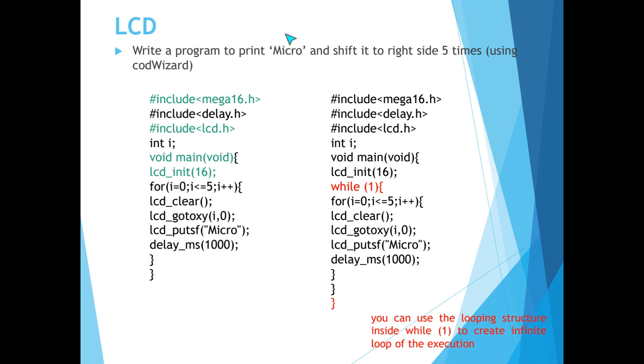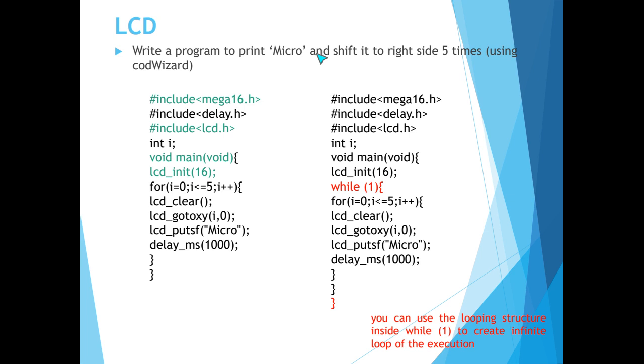We know that for printing a string, we use lcd_puts, inside the parentheses and double quotation. We don't have any problem about this section. Also, we said that we use the lcd_clear function because we want to see that something appears on our LCD's screen and also disappears.